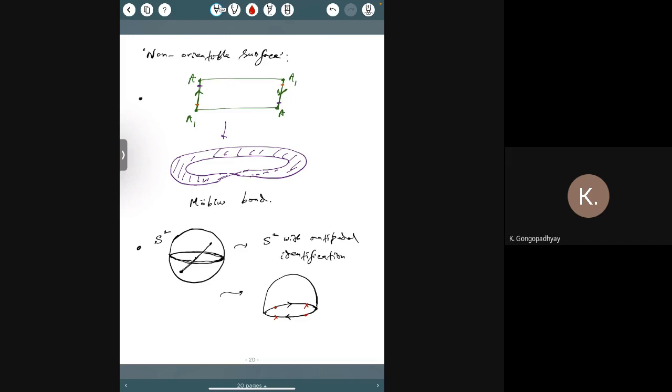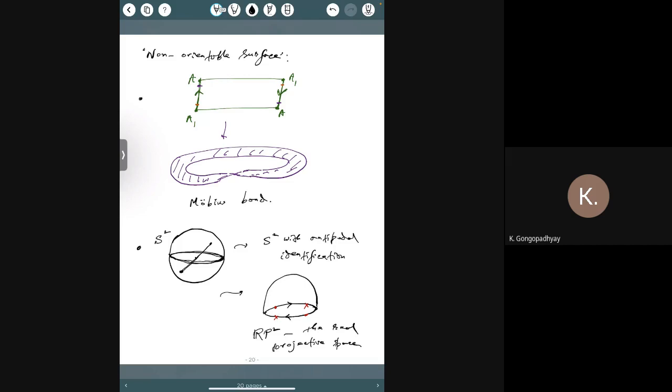So this space, this is an example of a non-orientable surface, is called RP2, the real projective space.